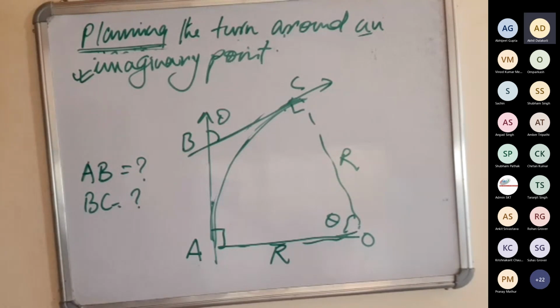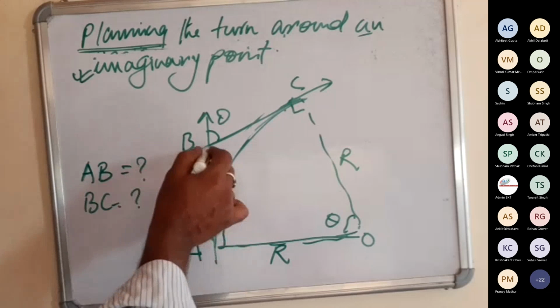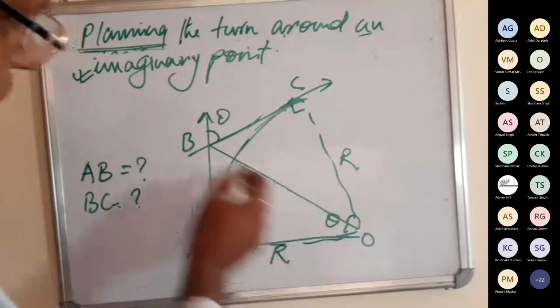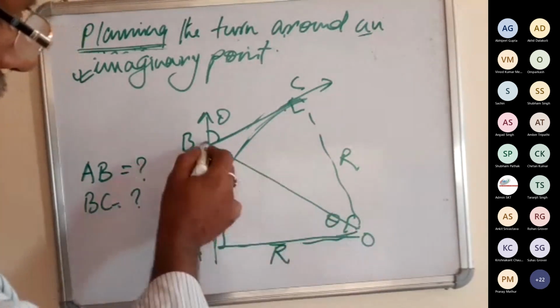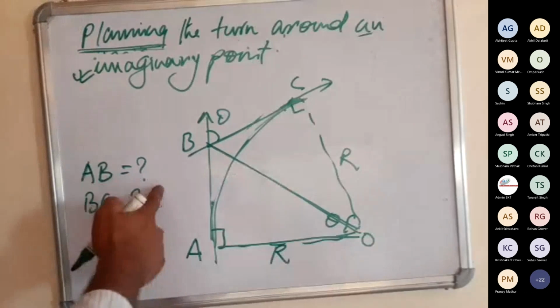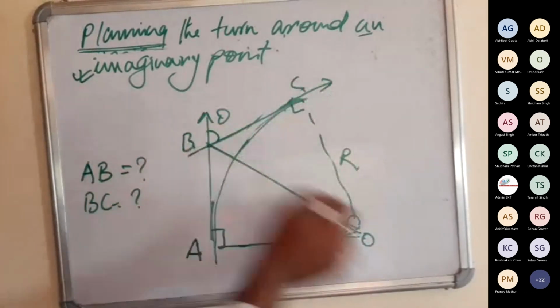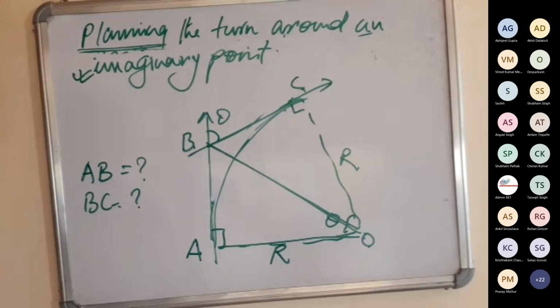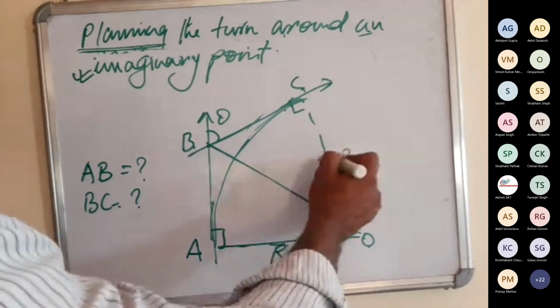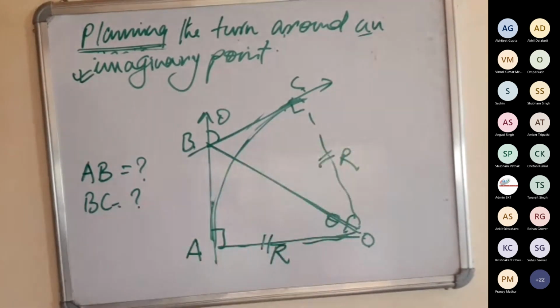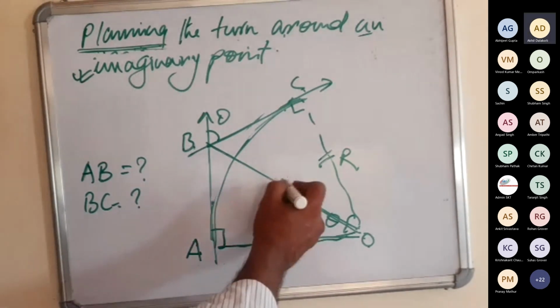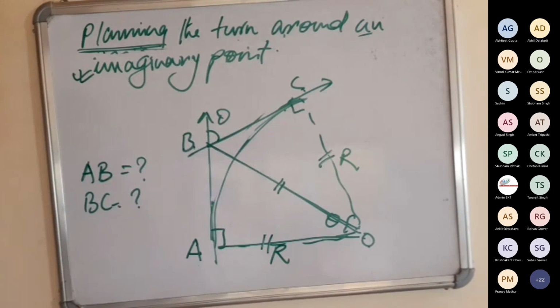Okay. So for the benefit of the class, we join these two lines. From B and O, we join these two. So now we have two triangles, BCO and ABO. In this, two of the sides are the same, are they not? One line is common between them, the hypotenuse.